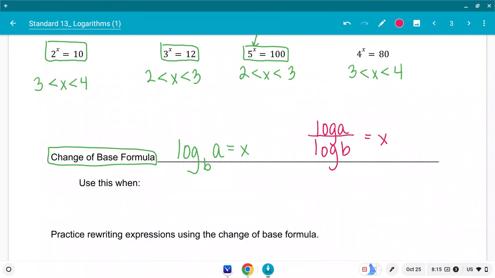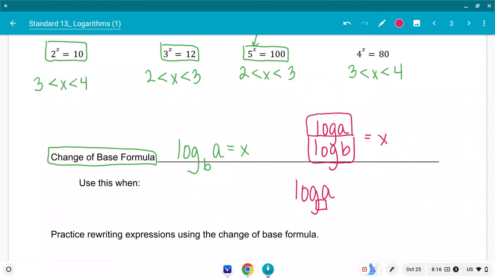The reason why this is helpful is because our calculators can do plain logs like this. Log A. This log looks like it is missing a base because there is no base listed.